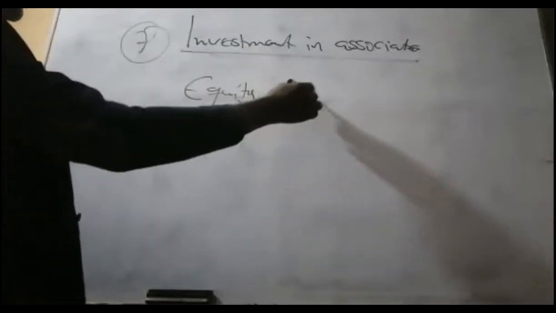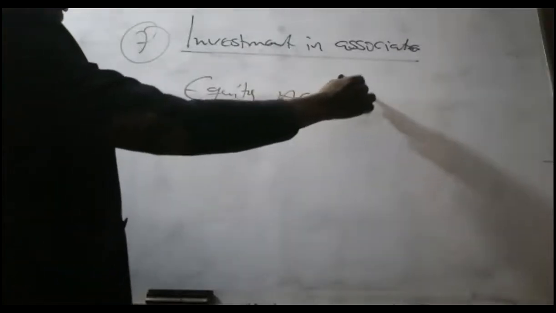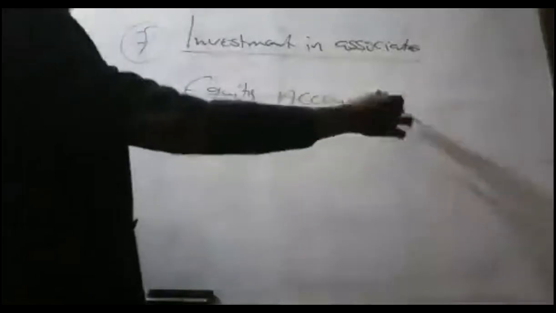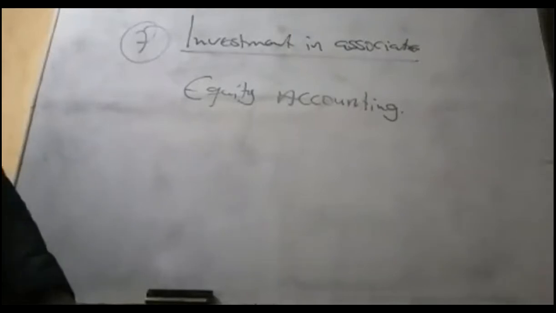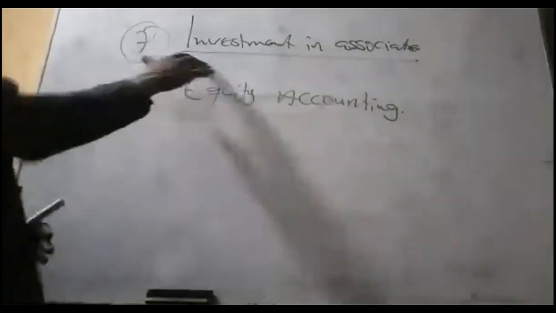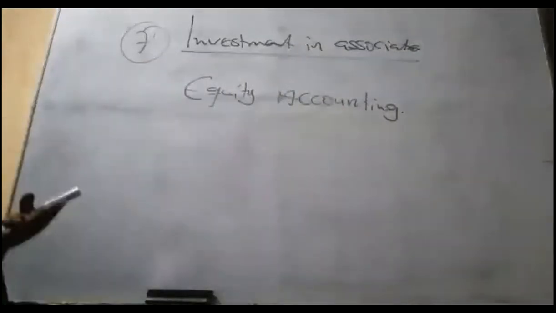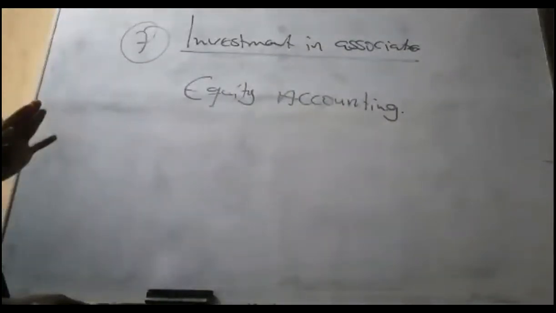The equity accounting method is a huge term, but simple in explanation. If the examiner asks you to explain how associates are accounted for using the equity accounting method, they are not asking for anything strange. They are just asking what you are going to do. The equity accounting method says do not consolidate the associate.